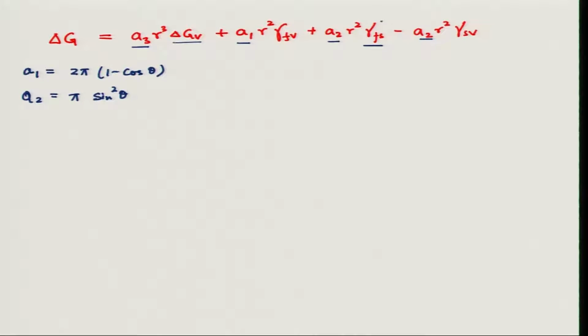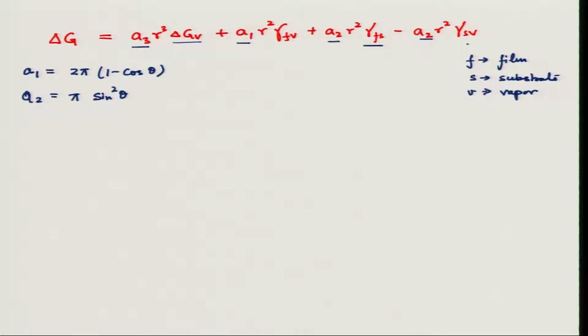So, now this interface is being formed when a nucleus is formed between film and substrate, okay. So, in this F is film, S is substrate and V is vapor phase, okay. So, an interface is being formed, so this energy is added, and the interface between substrate and vapor is being eliminated.